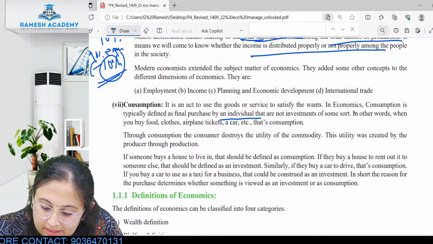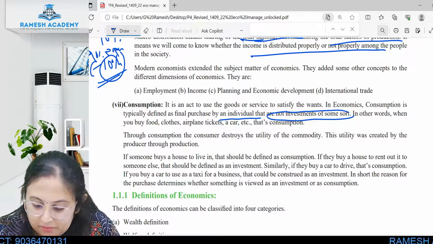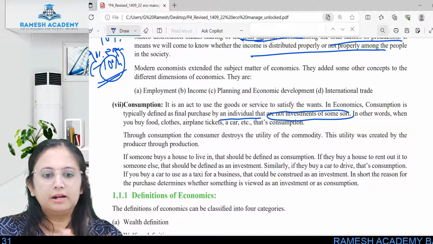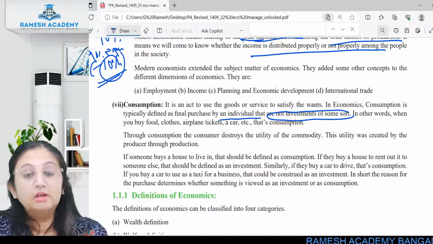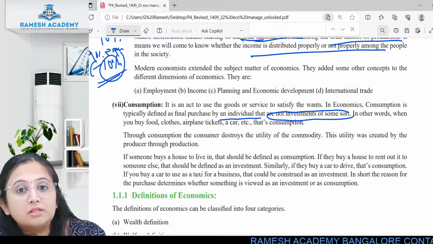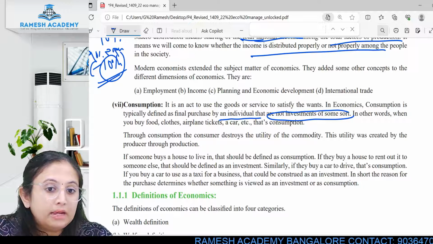Those are not investment of some sort. This is very, very important you have to understand, because consumption as it is, if I tell consumption, everybody will understand, correct? We will consume, that is consumption. But in economics, final consumption is considered as consumption. Okay, so it should not be any investment.